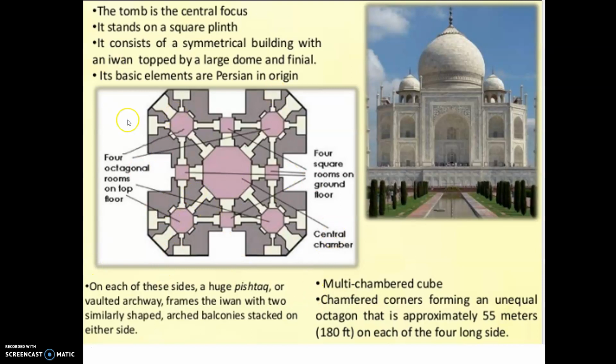So the entire plan is about 55 meters a side, and it is like a rough octagon. Each of these sides has a high pishtaq or vaulted archway. Similar shaped arched balconies are stacked on either side.